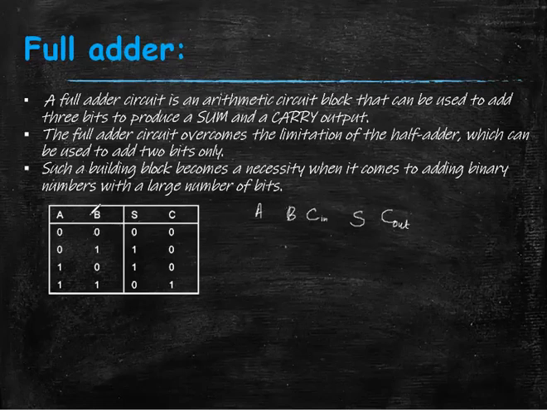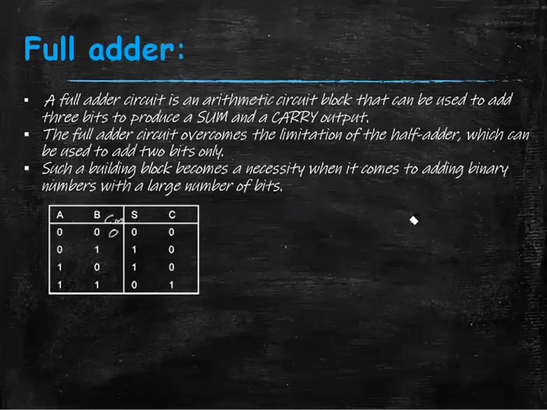Then the combinations: first 0 0 0, and in the next combination A equals 0, B equals 0 and C in equals 1. Then 0 1 0, 0 1 1. In this way, how many combinations must there be?